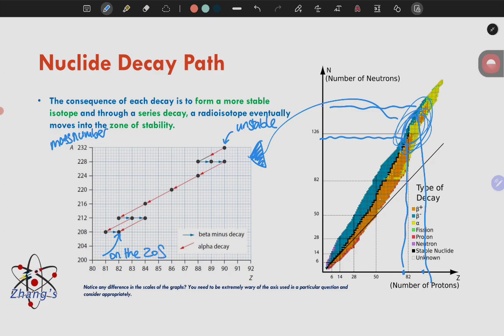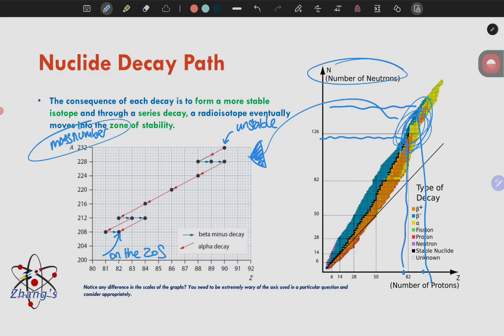And the point I want to make here is that sometimes on some graphs you'll see the y-axis as the number of neutrons, and sometimes you'll see the y-axis as the mass number. And depending on whether the y-axis is the neutrons or the mass number, this will change the shape of your alpha and beta decay paths.